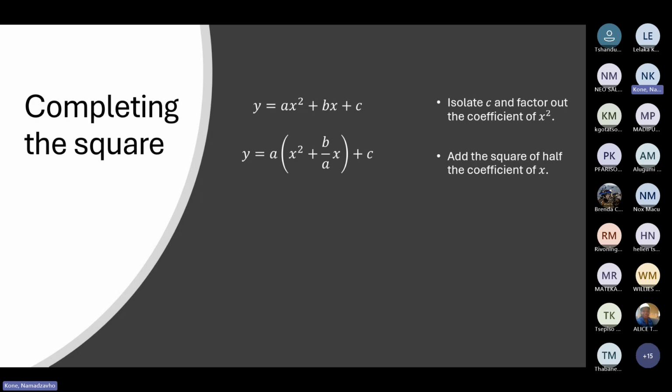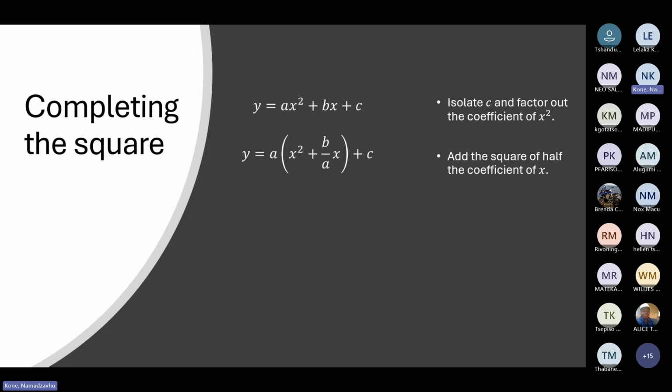Right. Now, this is the most important part of completing the square. We want what is in this bracket to become a perfect square. For it to be a perfect square, we need to add the square of half the coefficient of x.